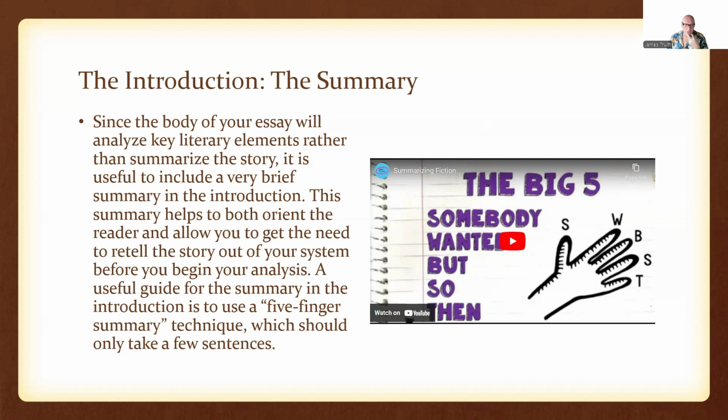You're going to want to give a brief summary up front so that the reader is oriented and knows who the characters are, some of the basic plot lines, and some of the basic information about the story. But you don't want the summary to be too long or too detailed because, like I said, the purpose of the body paragraphs is to really dig in.